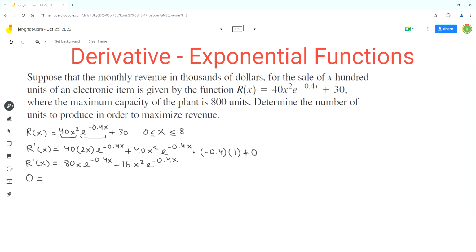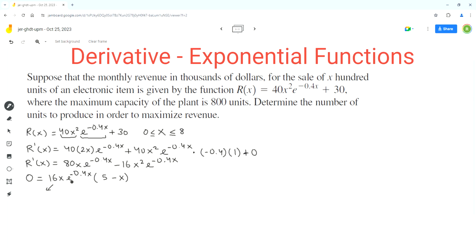So the common factor is 16x e^(-0.4x), and we are left with (5 - x) in the parentheses. Now we can solve this equation. So we get three cases.